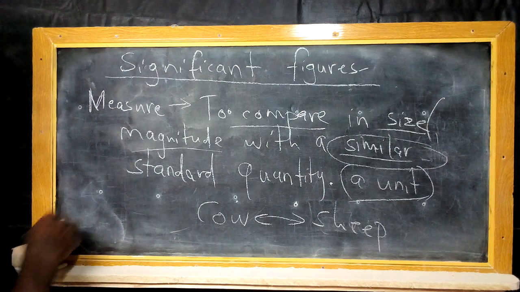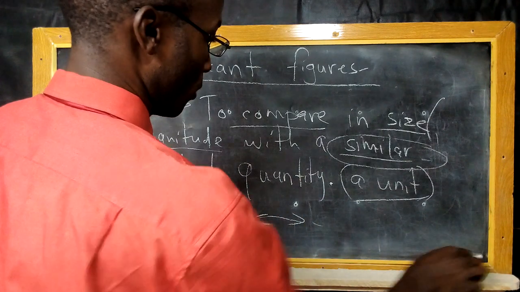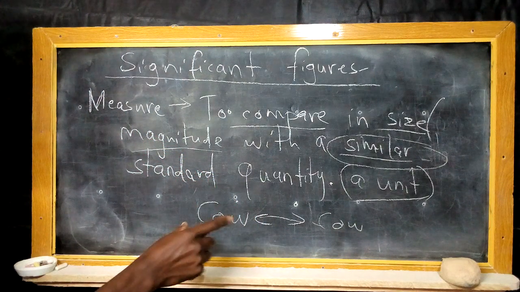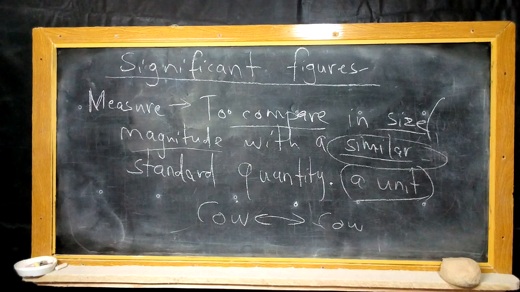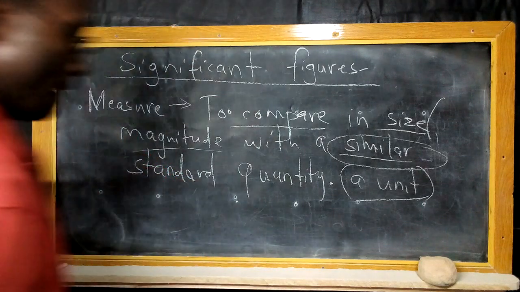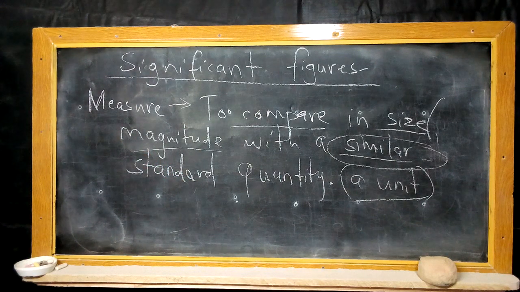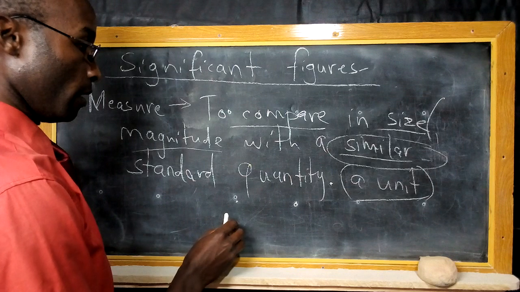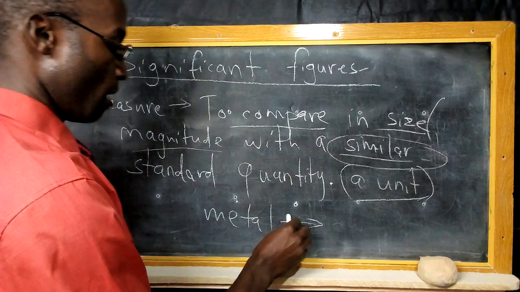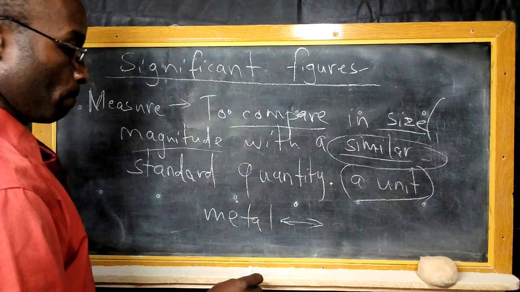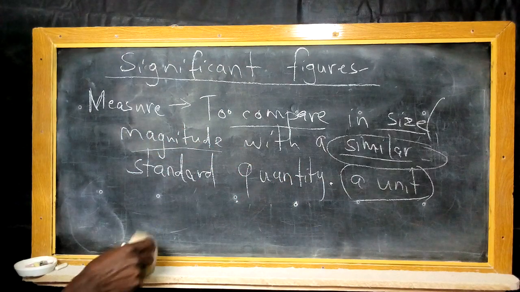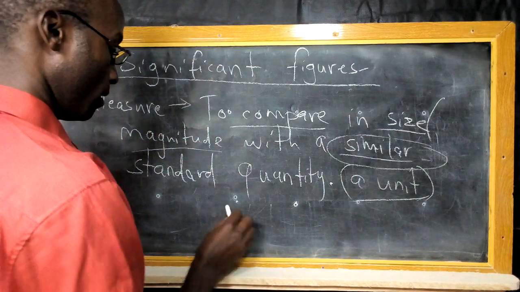So this one confines us to the concept that we have to compare things that are alike. Let's use a relevant example, say, sugar.